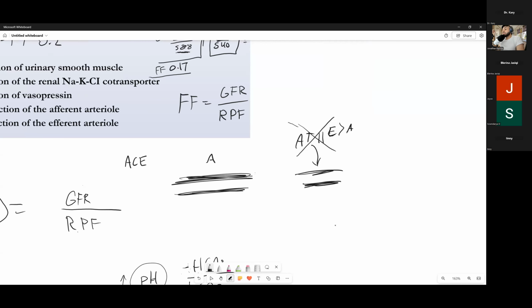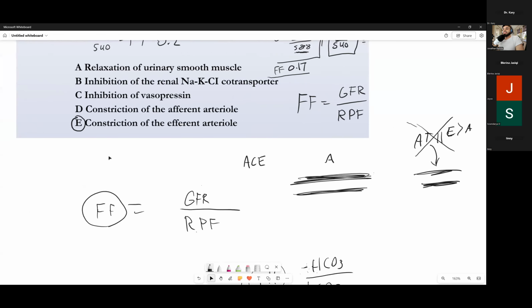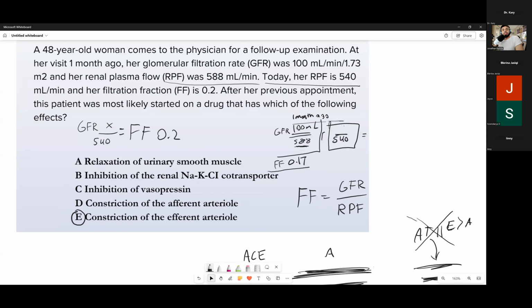Now let's see what the drug is again, because I'm confused. Did they mention a drug? They said the patient was most likely started on a drug that has which of the following effects? So what drug do you think it is? Okay, so now we know that the filtration fraction is getting better, so the GFR is getting better.